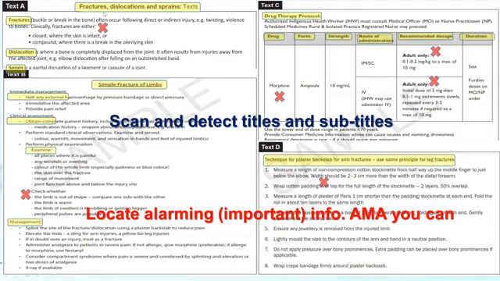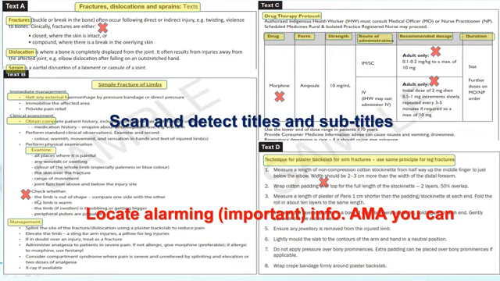So in the first text, as you see, we located and underlined the titles and subtitles. And after that, briefly, we located the important information in each text. And in this text, we also located the titles and subtitles.